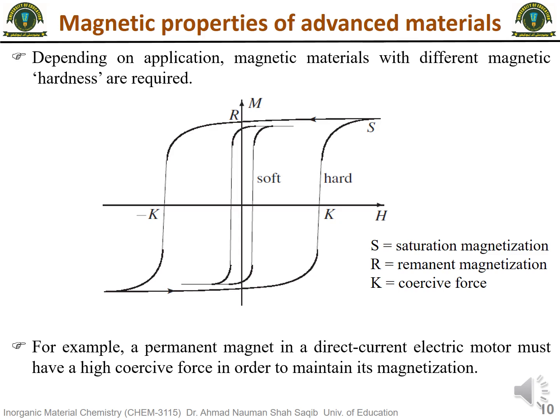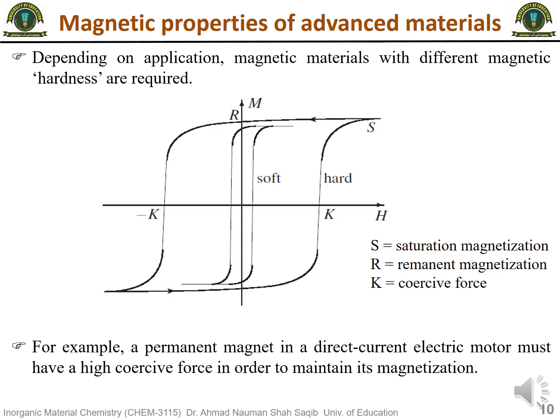Thus we categorize these materials as soft and hard. Depending on the application, some require soft magnetic material and many others require hard magnetic material.